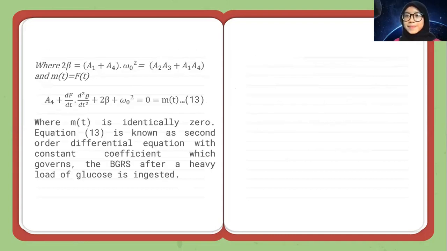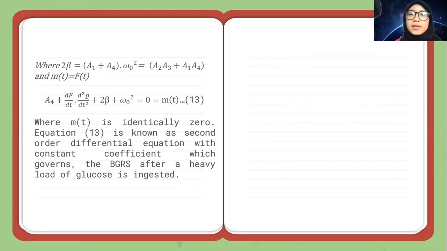Next, where 2 beta equals A1 plus A4, omega 0 square equals A2 A3 plus A1 A4, and M(t) equals F(t) A4 plus dF/dt.